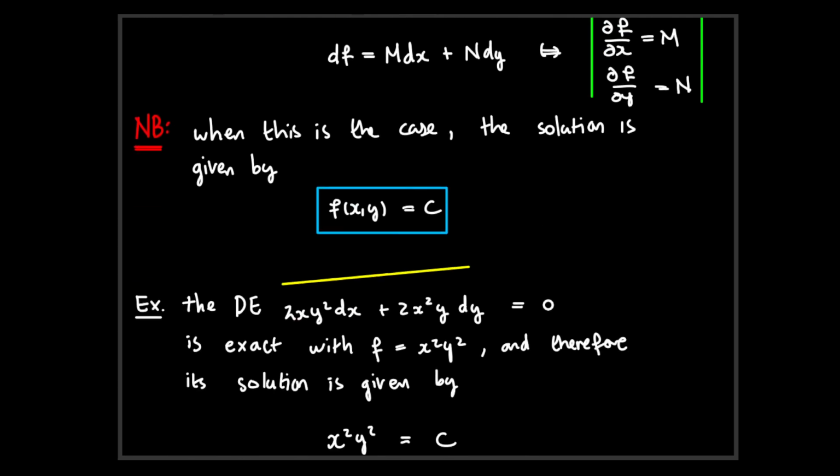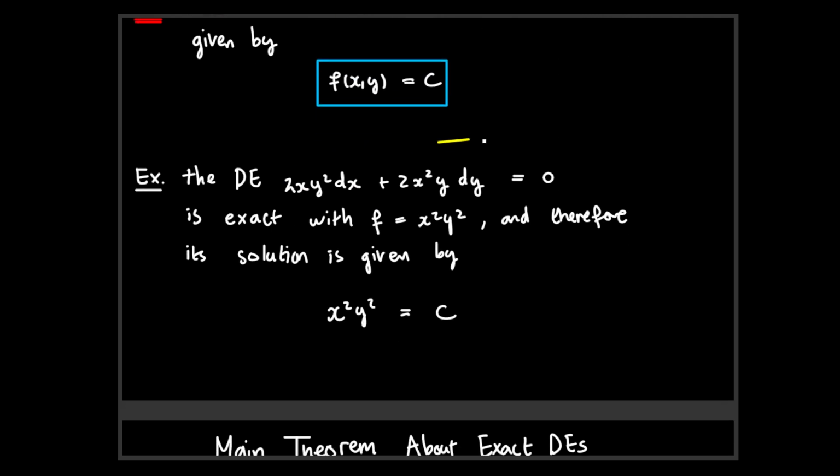So that means this equation is exact, with f the function making it exact, and so the solution to that differential equation is just this. But you see, the real question is how to find this f. What if we know that the equation is exact? How can we find f? That is the real question here.